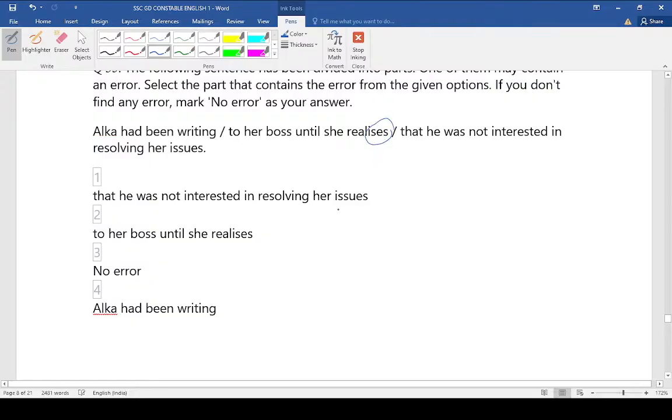Only after realizing does it happen, she is going to think. That's why until she realizes is the incorrect one. So what are we supposed to write? Alka had been writing to her boss until she realized that he was not interested in resolving her issues.